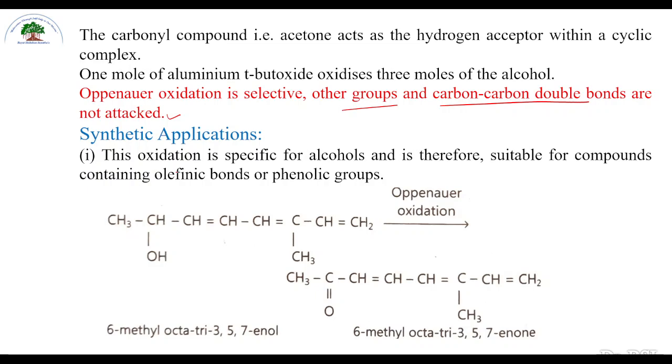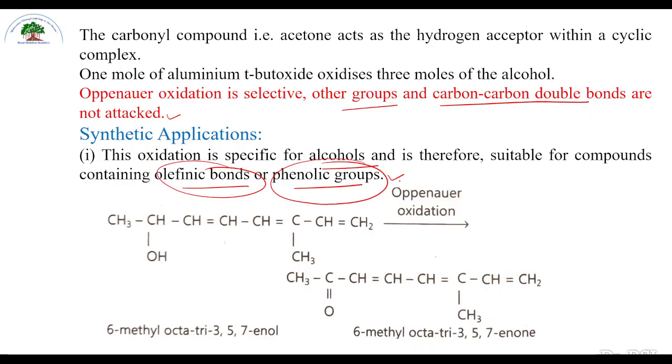Synthetic application of Oppenauer oxidation: this oxidation is specific for alcohols and is therefore suitable for compounds containing olefinic double bonds or phenolic groups. These olefinic double bonds and phenolic groups remain intact.